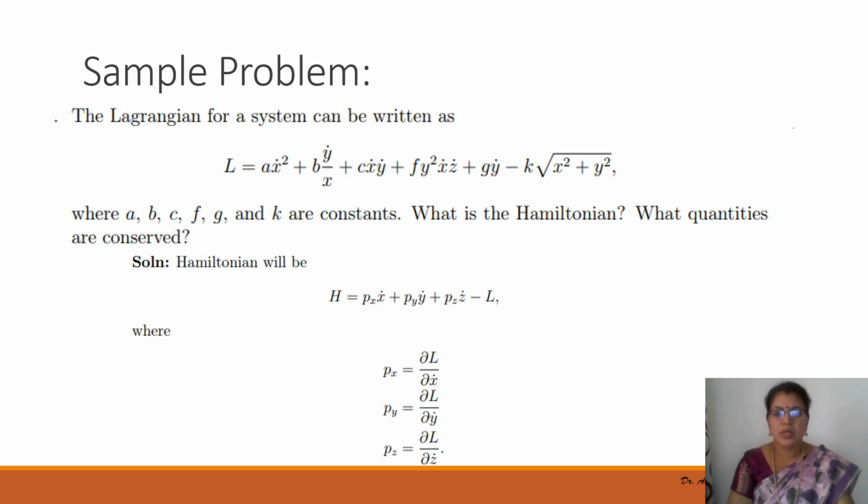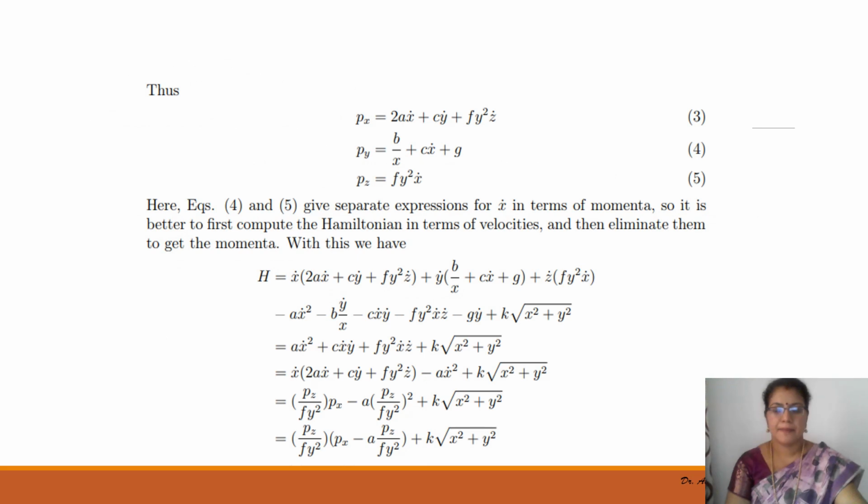So upon arriving at px, py, pz from the given Lagrangian, we can substitute here and get the Hamiltonian. Differentiating L with respect to x dot will give us px.